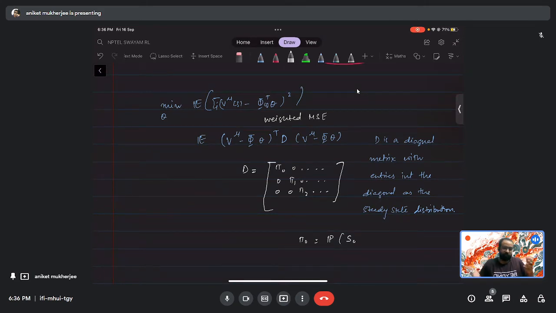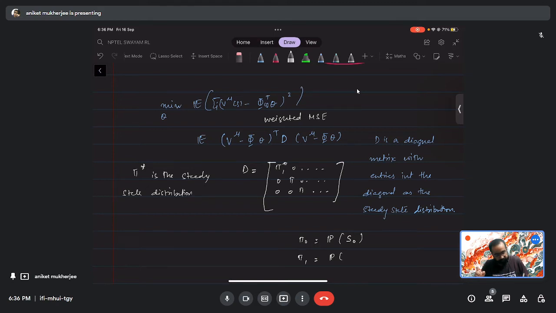Pi 1 is the probability of state 1. These are not time indexed; maybe I should have written pi star, because pi star is the steady state distribution.